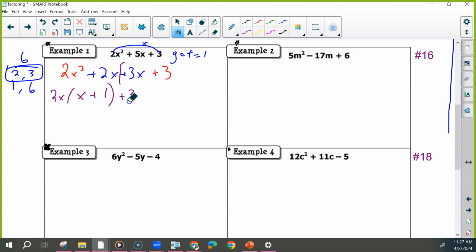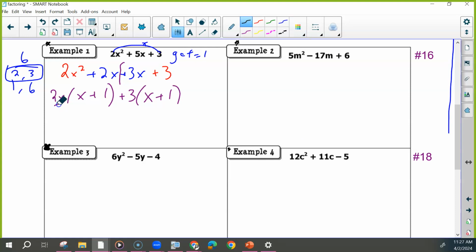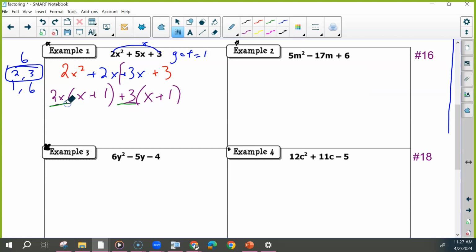Make sure you bring down that sign, leaving x plus 1. And then at the end, the outside terms come together. That was supposed to be a different color. So 2x plus 3, and then x plus 1.